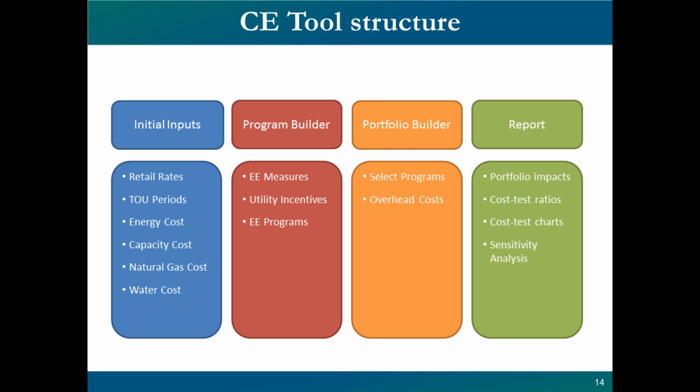Also on the Report tab is the option to perform sensitivity analysis, and the user can do sensitivities on retail rate escalators, gas escalators, administrative costs, and a few other criteria that we can go into when we do a live demonstration.